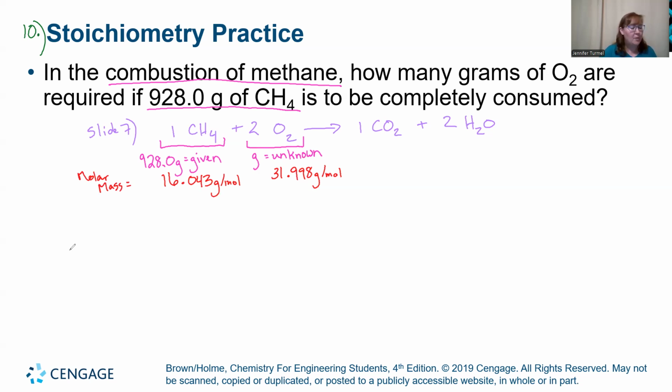Okay, so remember that in stoichiometry, we start with our given, okay, and that is 928.0 grams of methane. And the next thing that we need is the molar mass of our given.